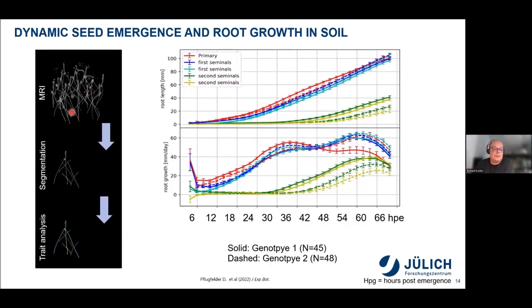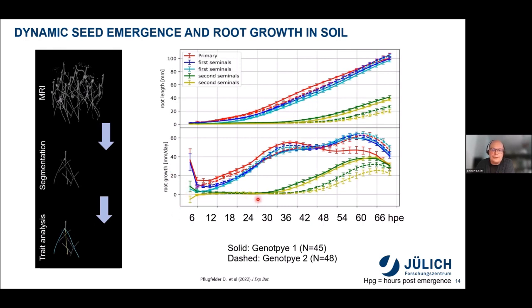What he found after segmentation of the seeds in these pots is that already at early time points, the different genotypes behave quite differently. Here in solid lines is genotype 1, and in dashed lines genotype 2. This is a subset, and you can see that, for example, for root length, we already have at these early time points, from 6 up to 66 hours after emergence of the seed, quite some differences in the growth behavior of these different genotypes.